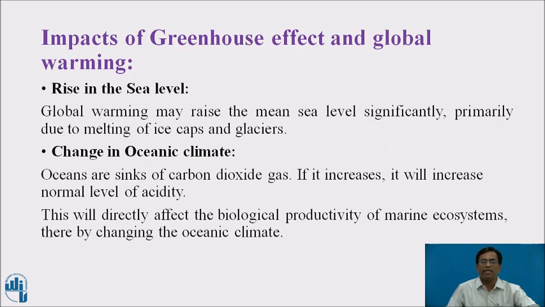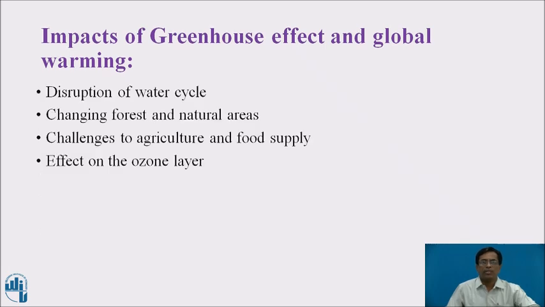This will directly affect the biological productivity of marine ecosystems, thereby changing the oceanic climate. Also, it causes disruption of the water cycle, changes in forest and natural areas, challenges to agriculture and food supply, effect on the ozone layer, etc.